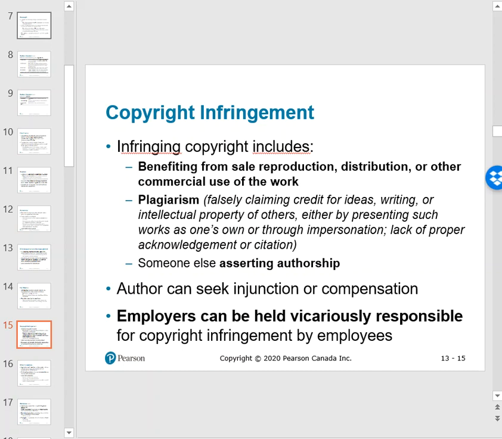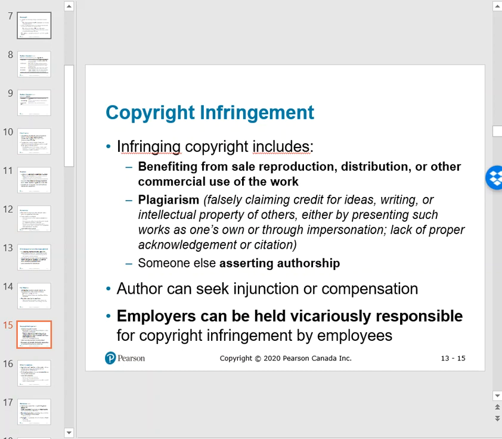Okay, and there will be then remedies. All remedies we have discussed already, and I will show you some more remedies. And here it's important to emphasize and remind you that employers are vicariously liable for their employees' wrongdoings. You already know this. We have discussed this more than once. And this also applies for intellectual property.